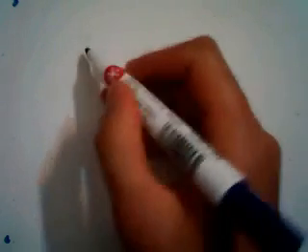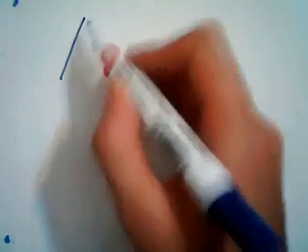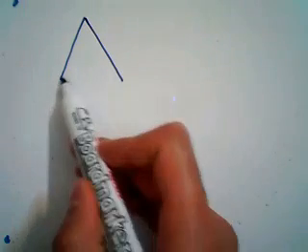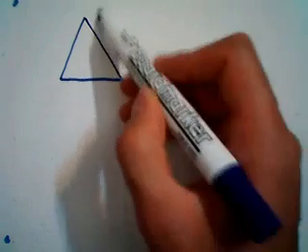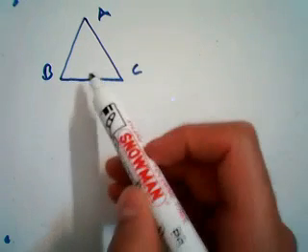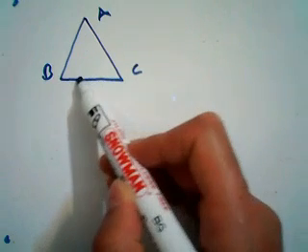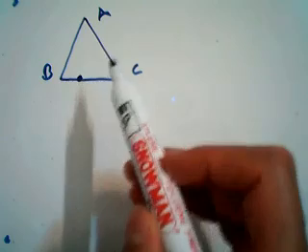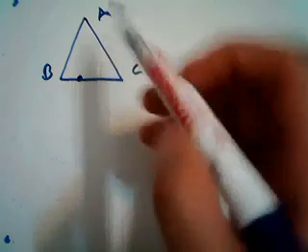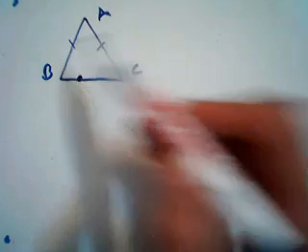It says that in every isosceles triangle like this, A, B, and C, take a point on BC. These two are equal.